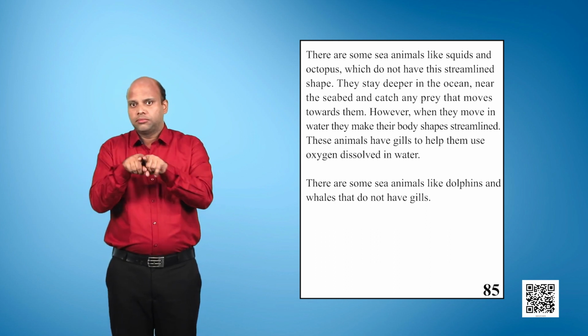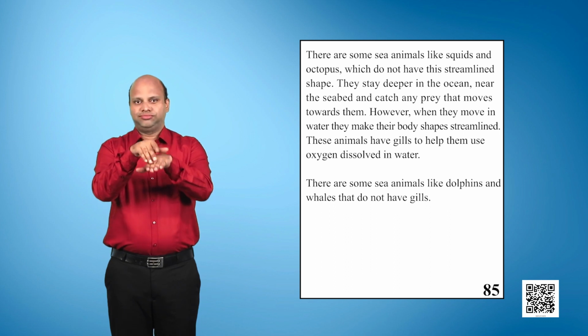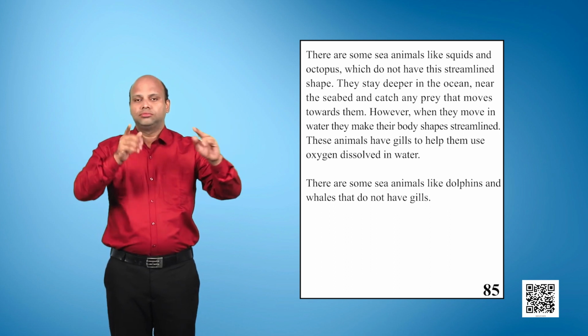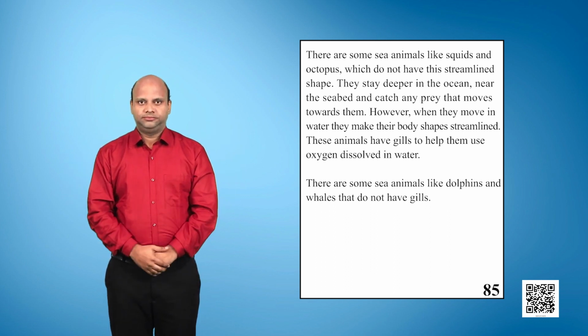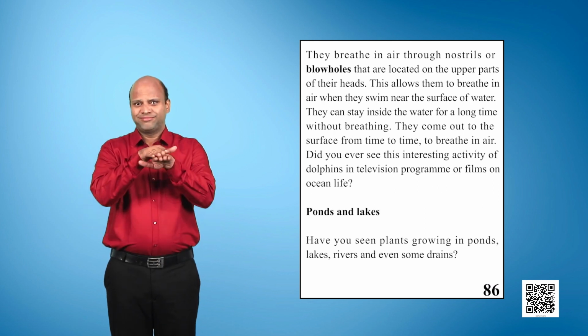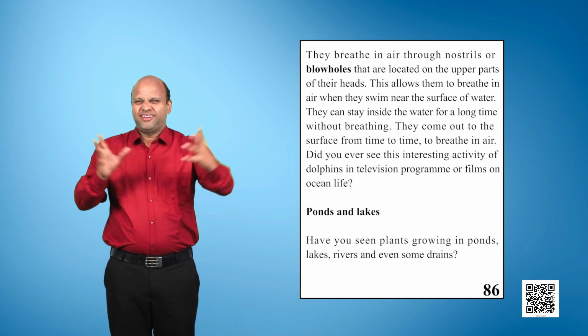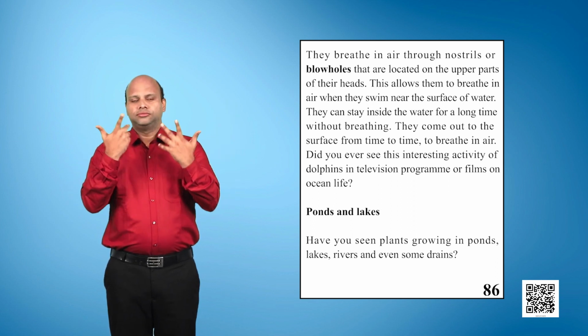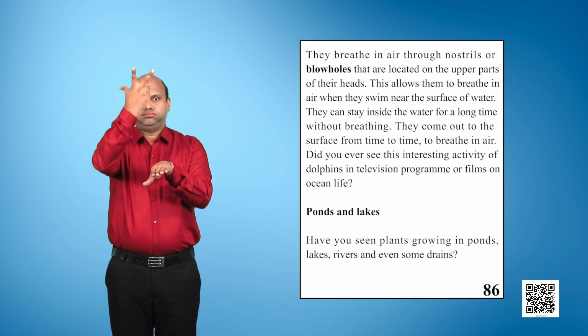There are some sea animals like dolphins and whales that do not have gills. They breathe in air through nostrils or blowholes that are located on the upper parts of their heads.